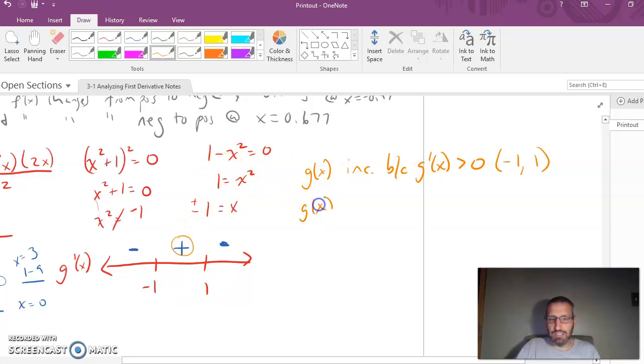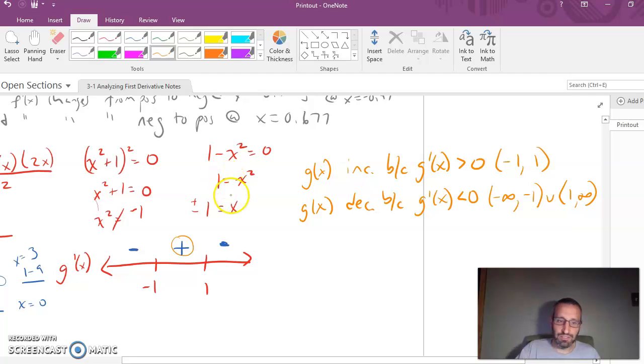And then g of x will be decreasing because g prime of x, the derivative of g, whew, words are hard today, is less than 0. So that's going to be -infinity to -1. And then again from 1 to infinity. Right? Those are the two sections right here and right there. Okay, don't scrimp on the descriptions there, right? Make sure that we're being very accurate in how we represent those.